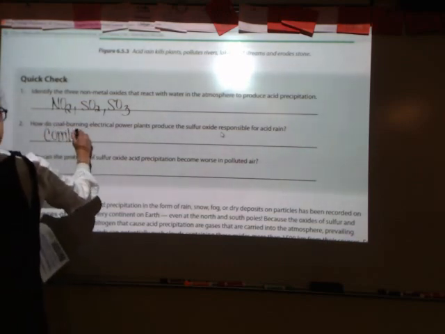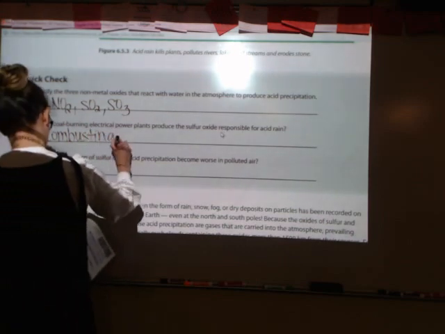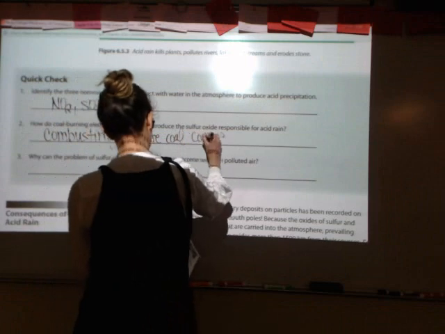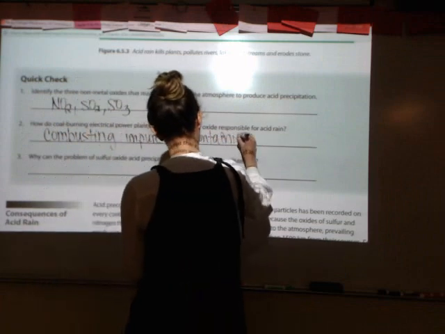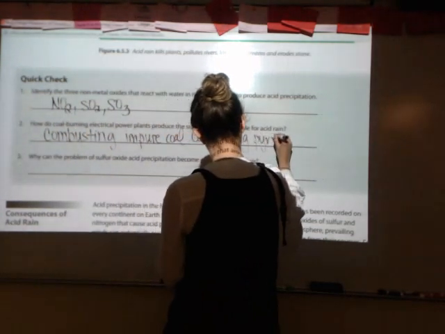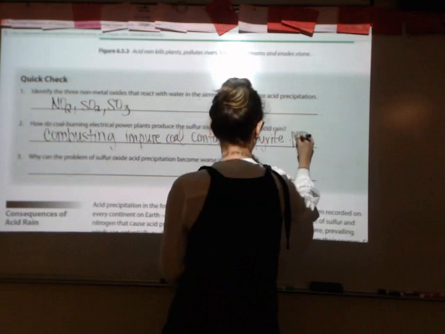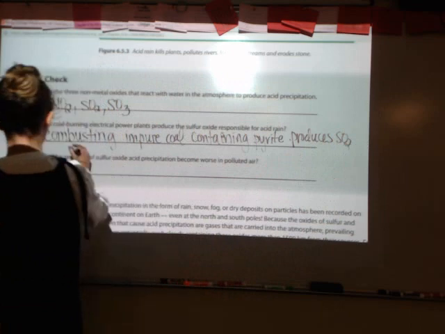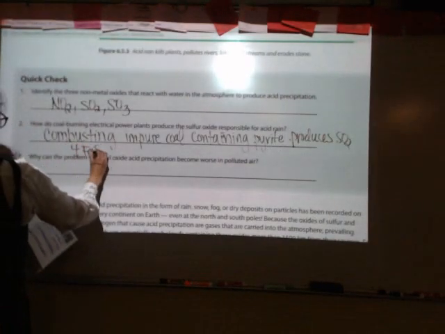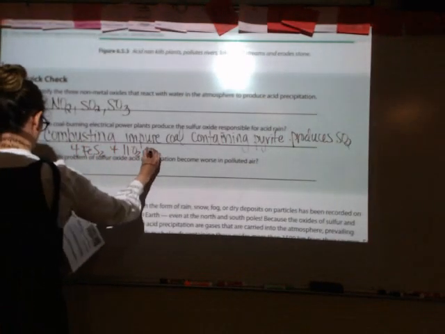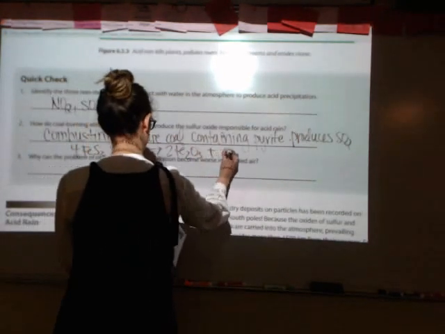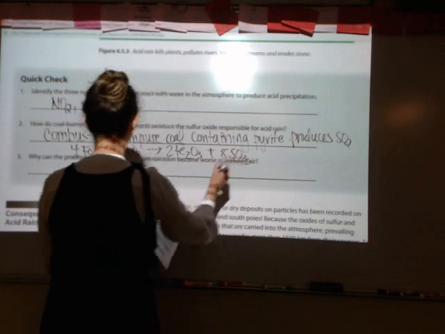So combusting impure coal containing pyrite produces SO2. So this would be something like FeS2 plus oxygen will produce Fe2O3 and SO2.